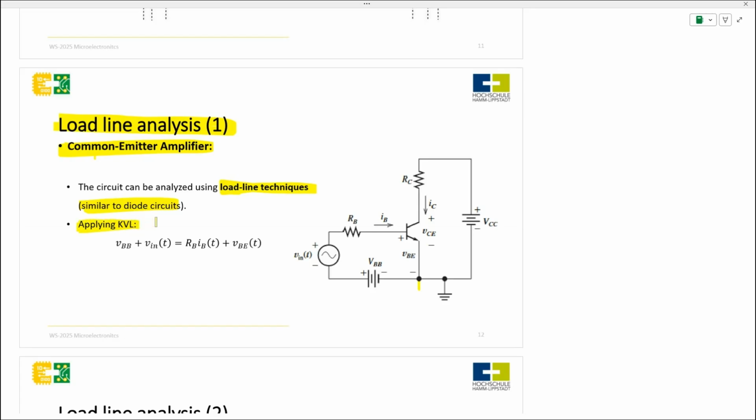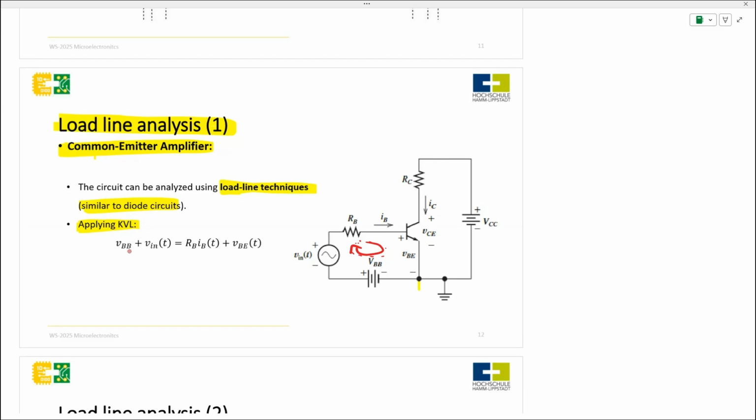So we will be applying our Kirchhoff voltage law. In which loop? If we take this loop, we will have our VBB, let's take it this way.